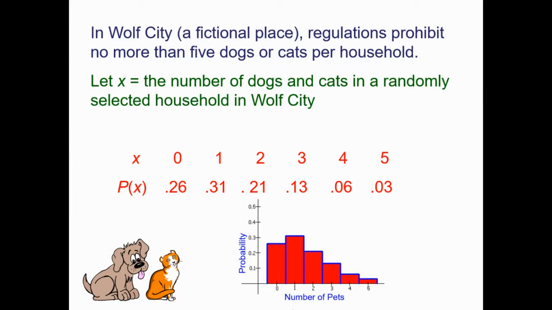So here we have each possible value for x, and then their probabilities. So it's almost like a relative frequency histogram. Not quite.